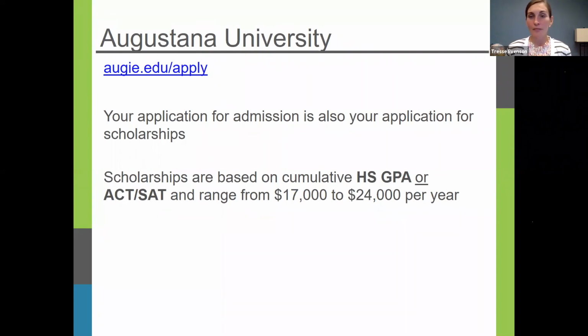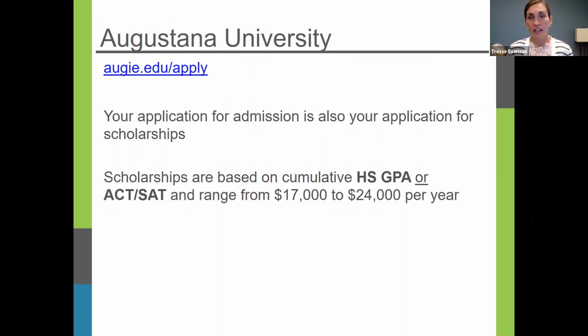So when you apply for admission, which you can now, we have rolling admission. We admit students every week. You're automatically applying for scholarships from the university. And our scholarships are merit-based or academic-based, and we use your high school GPA or your ACT or SAT score.